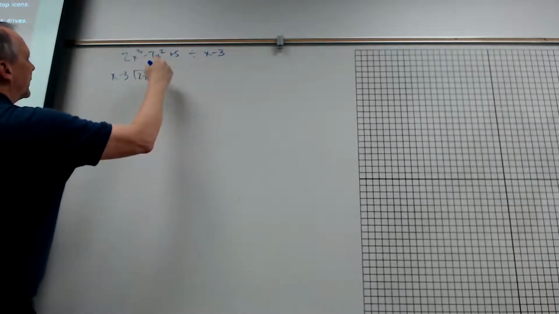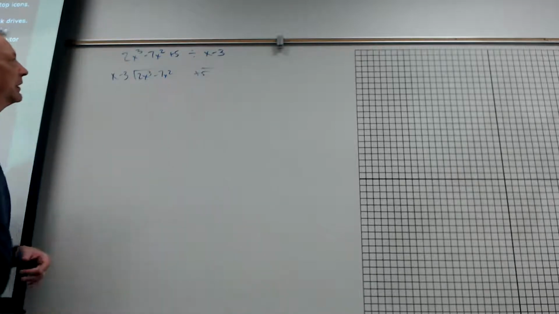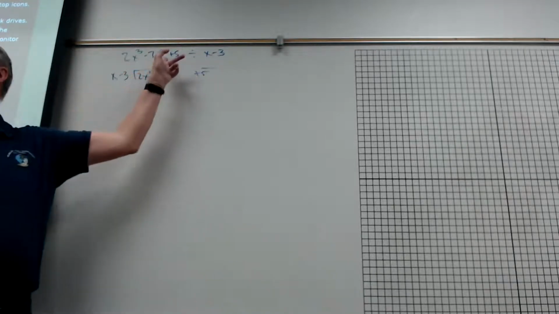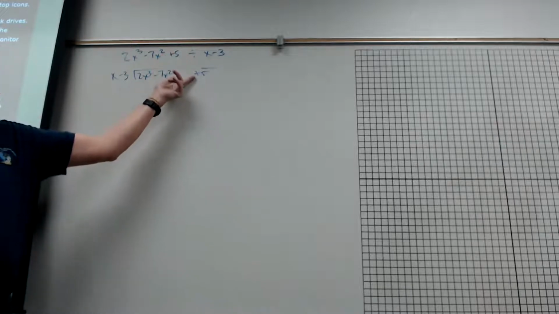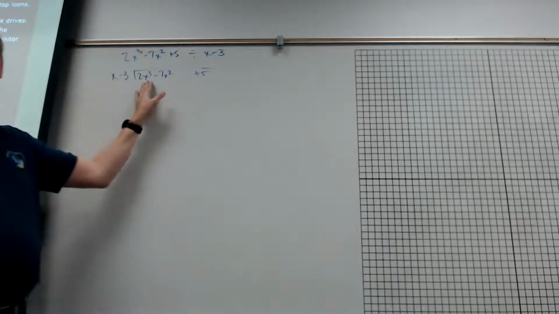2x cubed minus 7x squared plus 5. Now, the one thing I am going to mention here, notice we have no x term. If you put a gap here, that might help you. Okay? All right, so does x go into 2x cubed, Skylar?